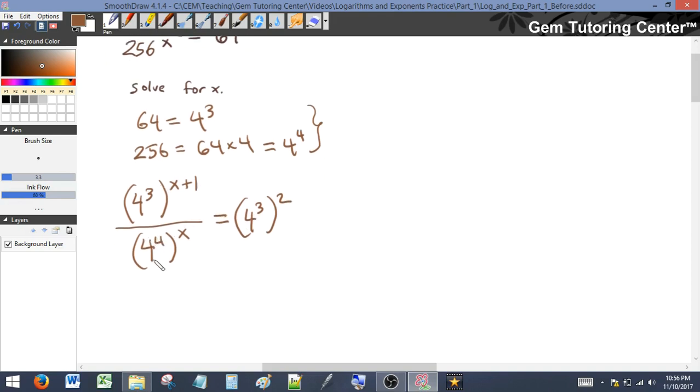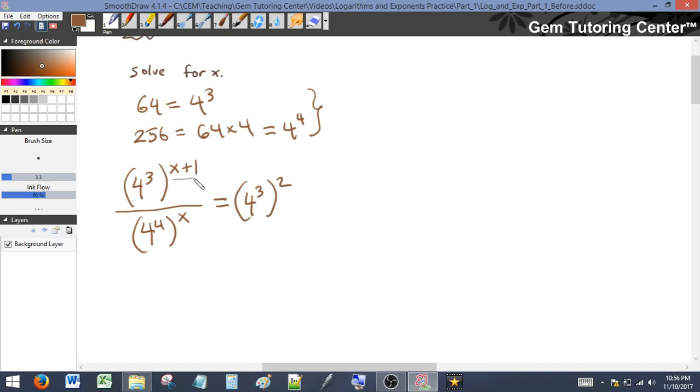Now what we're going to do is separate out this x and the 1. And we're going to get 4 cubed to the x times 4 cubed to the 1. Remember that since these are the same base, the base of this x exponent is 4 cubed, this whole thing. And the base of this 1 exponent is 4 cubed, this whole thing.